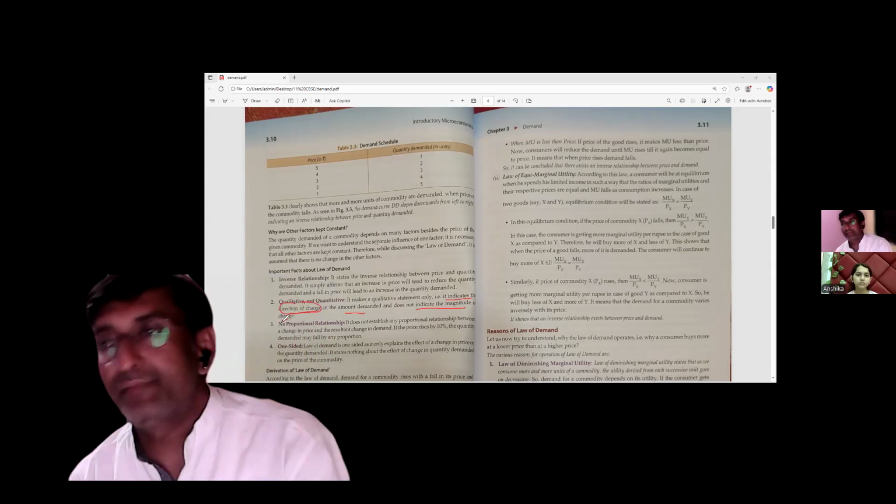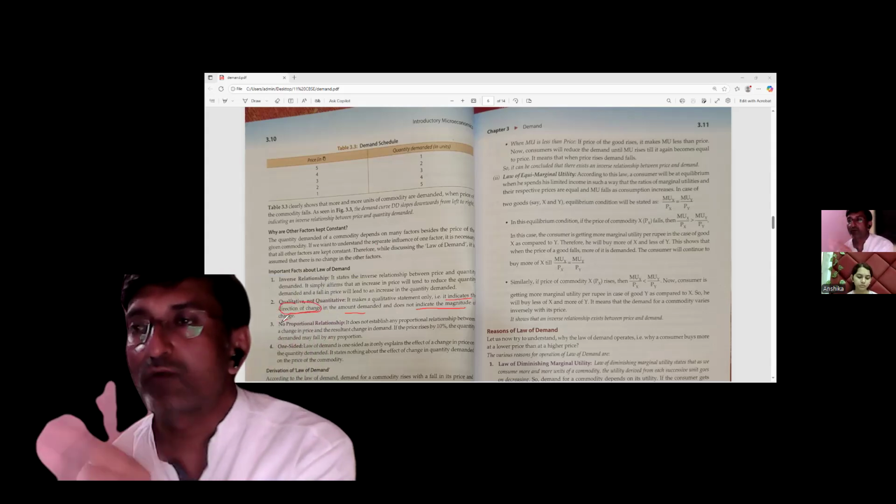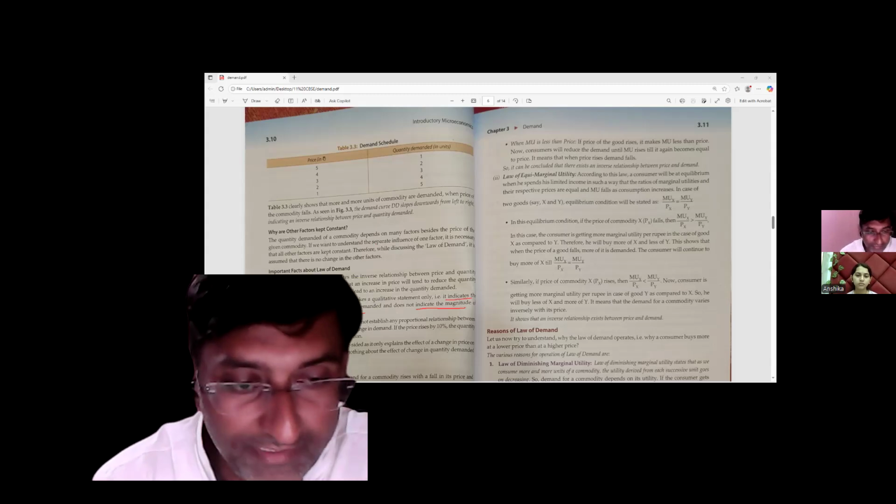It shows the direction of changes. What kind of changes is happening in the market about a particular product, either falling or increasing. So that is called qualitative, not quantitative.